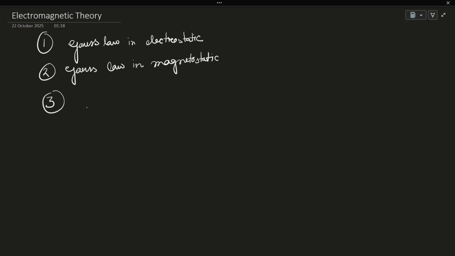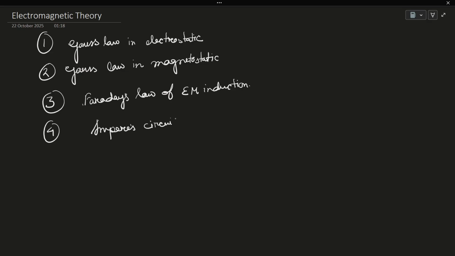The third one is Faraday's law of electromagnetic induction, and the fourth one is Ampere's circuital law. So the whole electromagnetic theory is based only on these four laws.